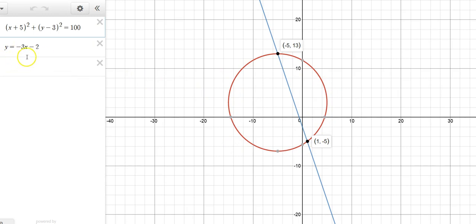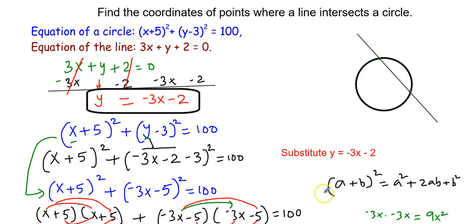Now y is equal to -3x minus 2. Now look, where are they intersecting? Here you have x is equal to -5 and y is 13, and x is 1 and y is -5. Those are the 2 points of intersection we see here. Right? Those are the 2 points.